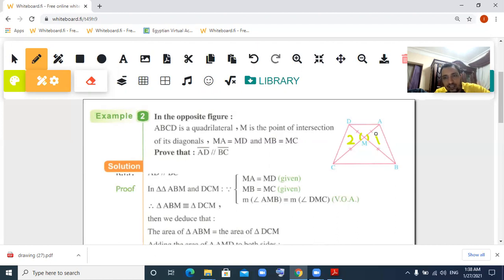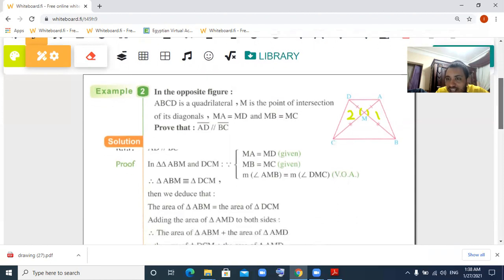So now I know that the area of the first triangle AMB equals the area of triangle DMC. They are like the wings of a butterfly. So if I add the small triangle up or the big triangle down, choose only one of them, and add it to each side, I will have two triangles which are like trousers.